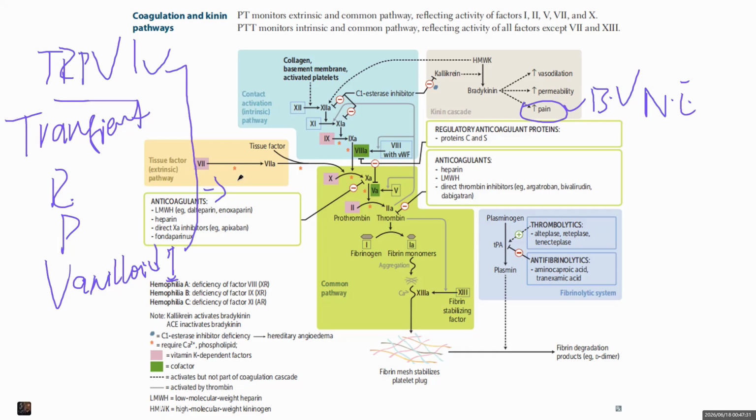When this channel is opening, it allows the sodium ions and the calcium ions, which are positively charged ions, to rush into the nerve cells. The outside of the cell has a higher concentration of sodium, so when the channel opens, the sodium flows inward.